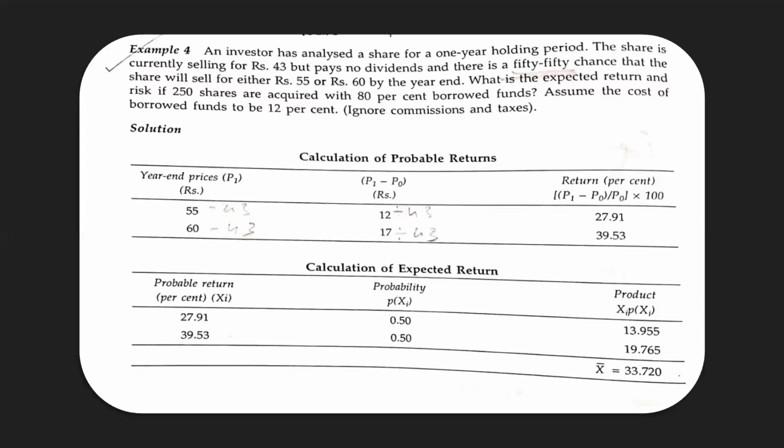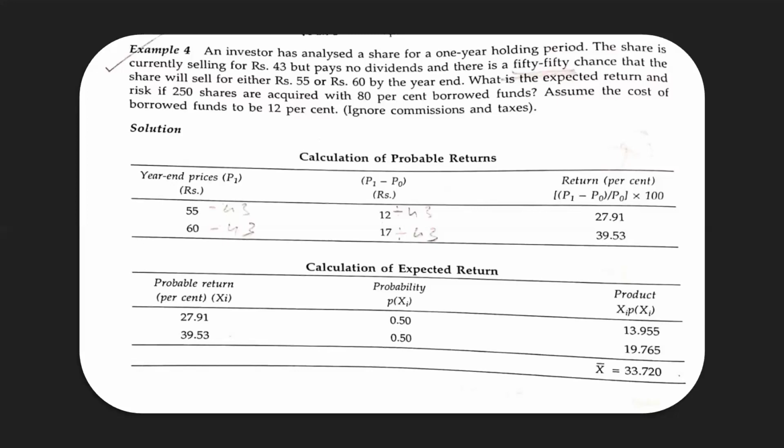So the second column is also ready. Now we need to calculate P1 minus P0 divided by P0. So the second column item should be divided by P0, which is the price at the beginning, that is 43. So 12 divided by 43 into 100 will give you 27.91, and 17 divided by 43 into 100 will give you 39.53. So we got the percentages.